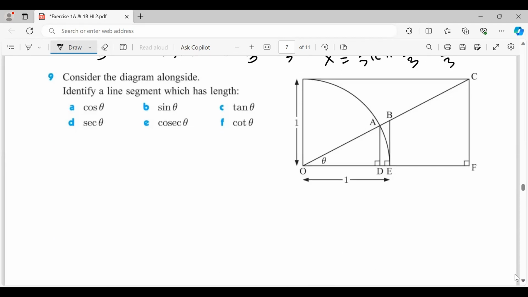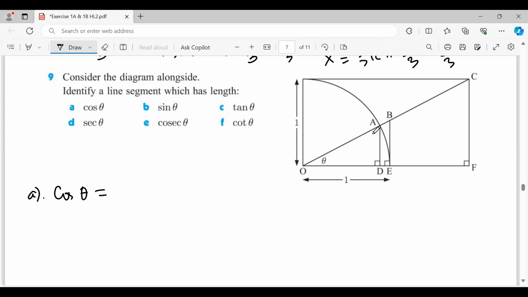Number 9. Consider the diagram alongside. Okay. A. Cosine theta. Cosine theta, this theta, cosine is, this is 1. Okay. Oh yeah, AD. Okay.